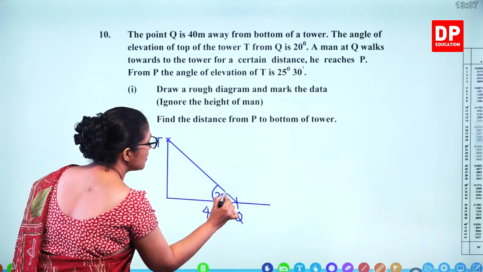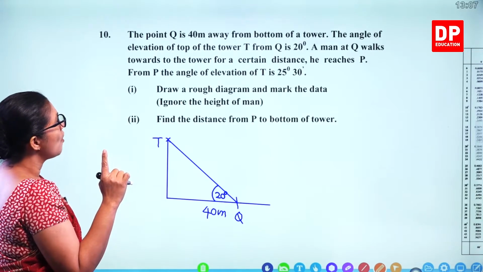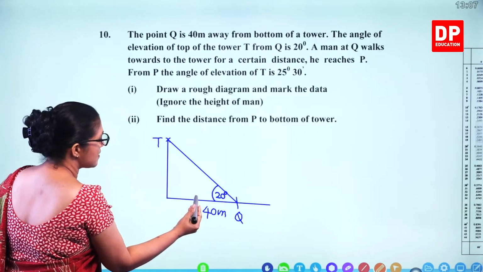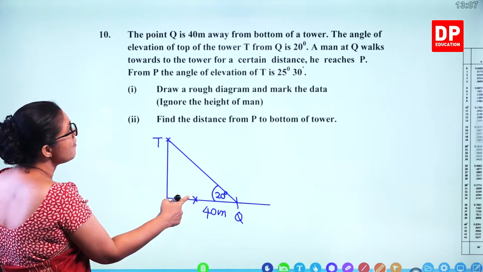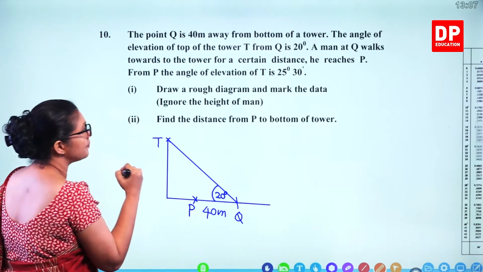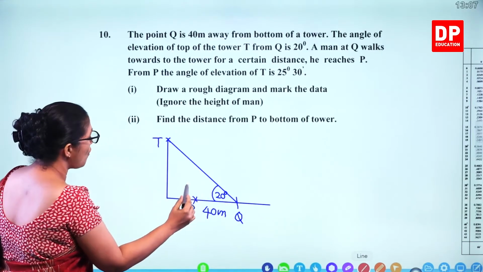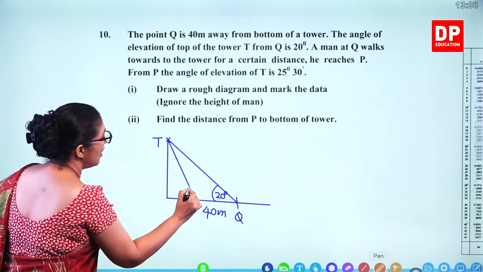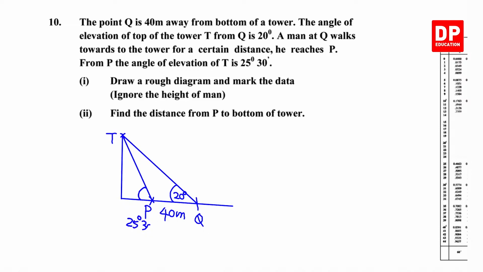This angle is 20. A man at Q walks towards the tower for a certain distance. We'll say from here to here. He reaches at P. Now P is here. From P, the angle of elevation of T is 25 degrees and 30 minutes. So this is the diagram.